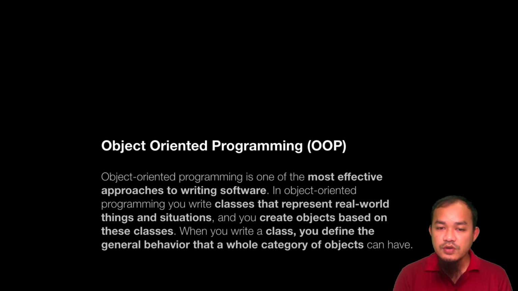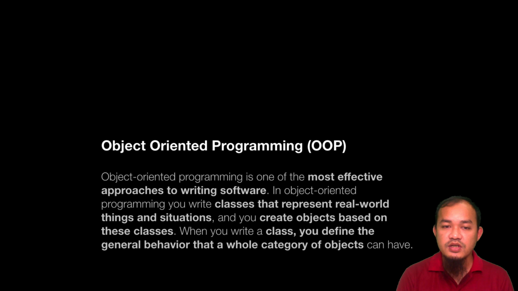When you write a class, you define the general behavior or properties that a whole category of objects can have. Behavior can be a property, a method, or a function. In short, object-oriented programming means you represent real-world things and situations based on classes.